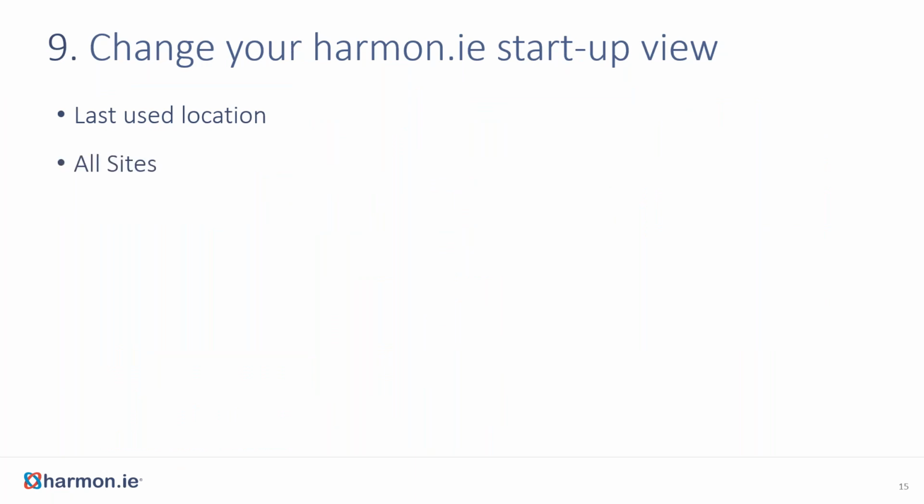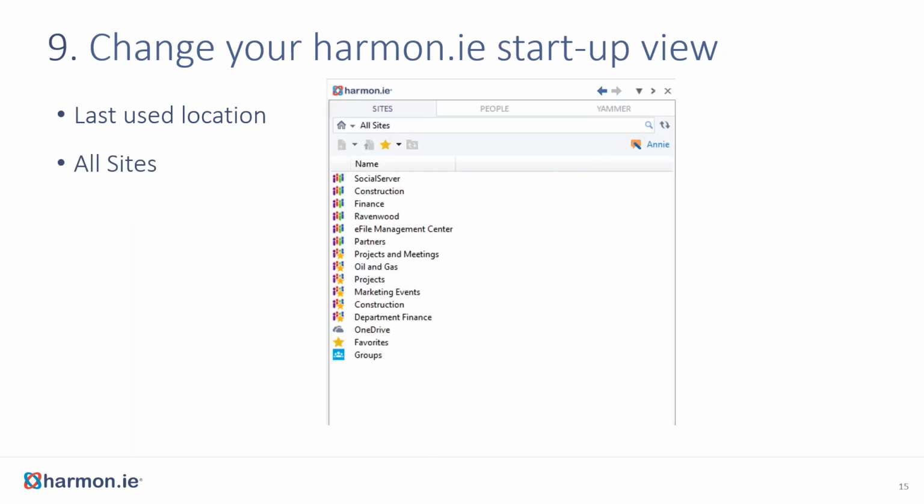Also, the default in Harmony when you launch it is to display the location you last browsed to, that you last used. Now, that's great if you're working in one particular library all the time, but if you're using multiple sites, multiple locations like we've just illustrated, you can also set Harmony to be started up in a few different ways. So I like to have it with this all sites view.